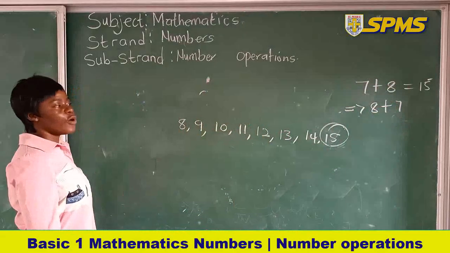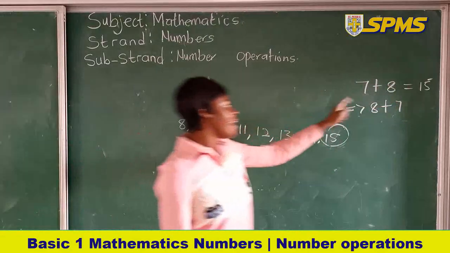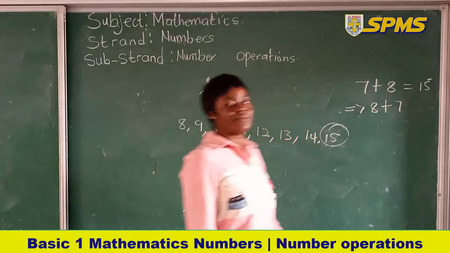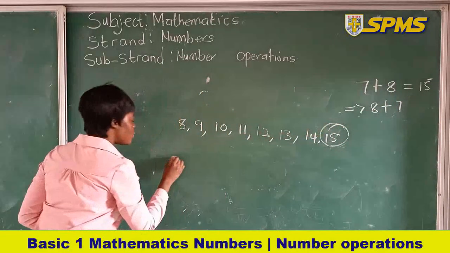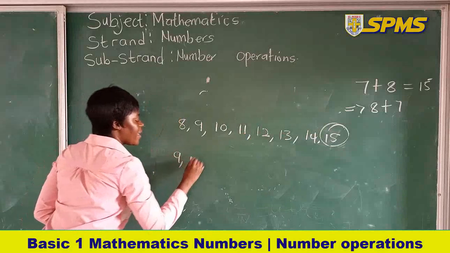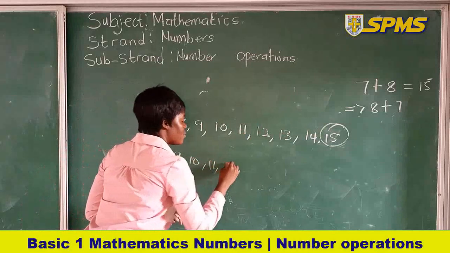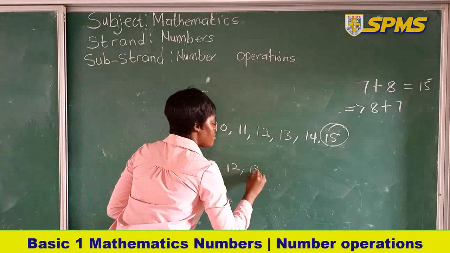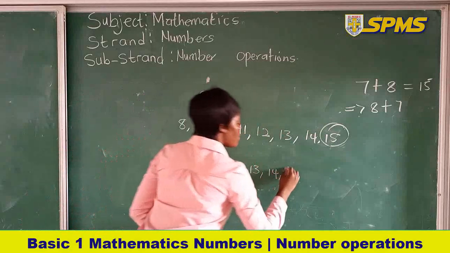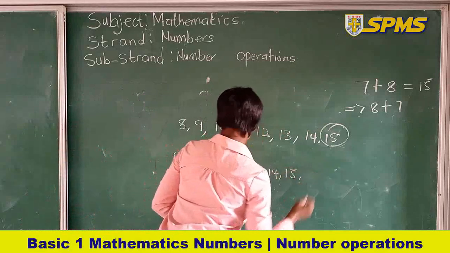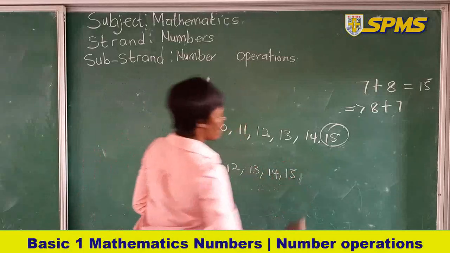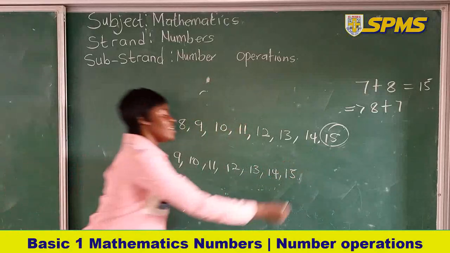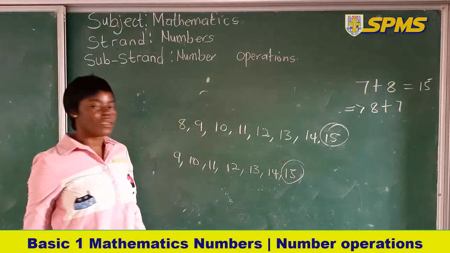Now let's move on. We have 8 plus 7. So you're going 7 places. From 8 you move to 9, 10, 11, 12, 13, 14, 15. Okay, we are there already. So the last number is 15.